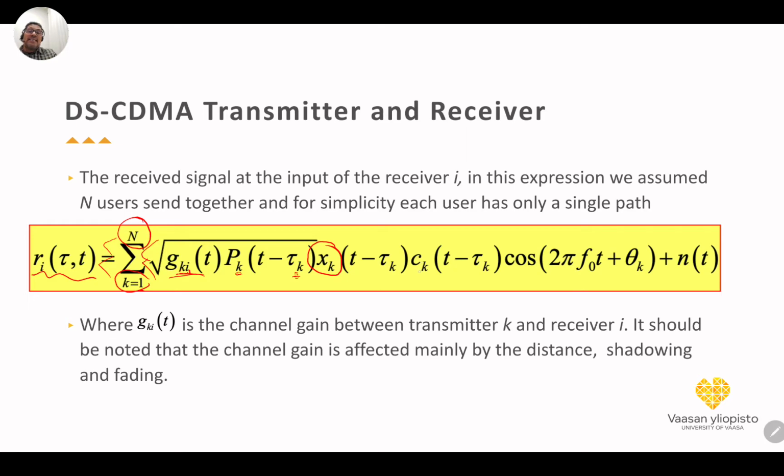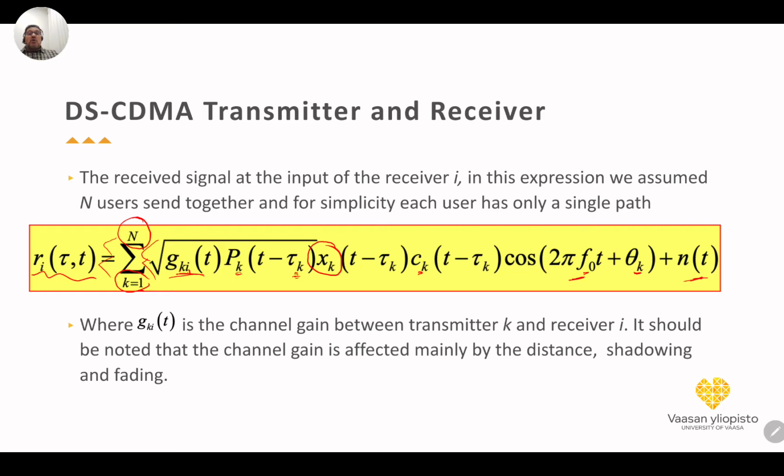And ck is the spreading code for user k times cosine 2 pi f0 t, because all of them use the same carrier frequency, but the received signal will arrive with different phases. Every received signal will arrive with a different phase because it also has a different delay. And plus, finally, the additive white noise.